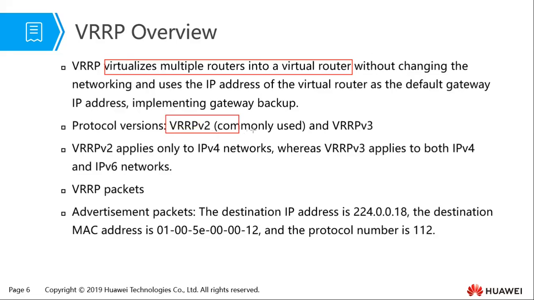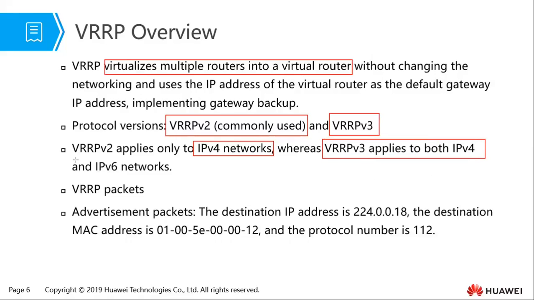Now, we have two versions of VRRP. Commonly used is VRRP version 2, but we also have VRRP version 3. The main difference between these two versions is that VRRP version 2 is for IPv4 networks only, but version 3 was created to take care of IPv6 networks. So it's able to support IPv4 and also IPv6 networks.